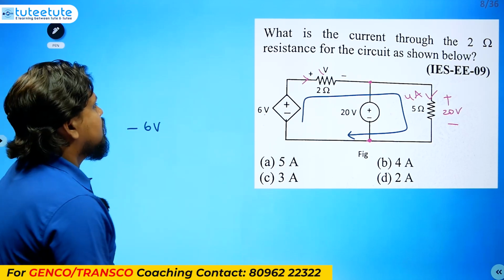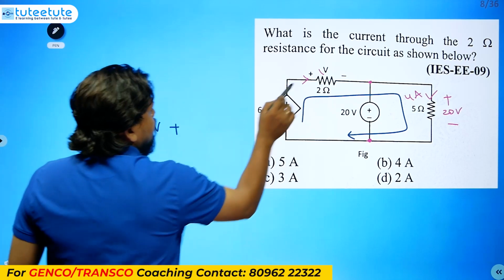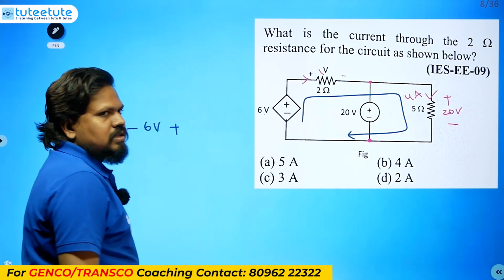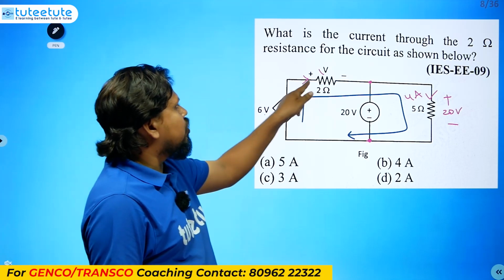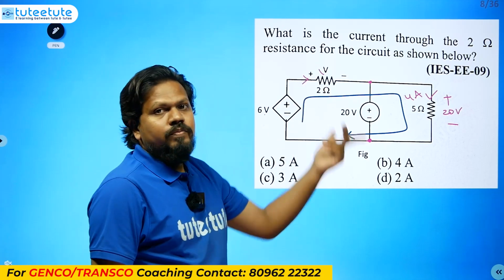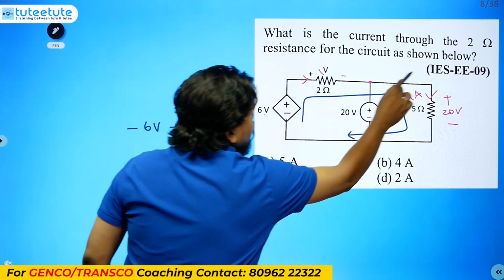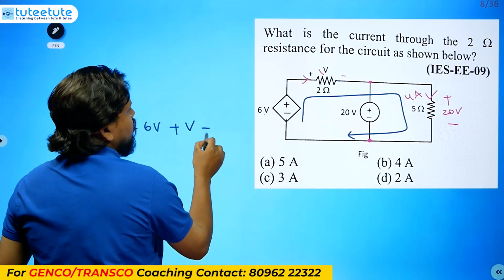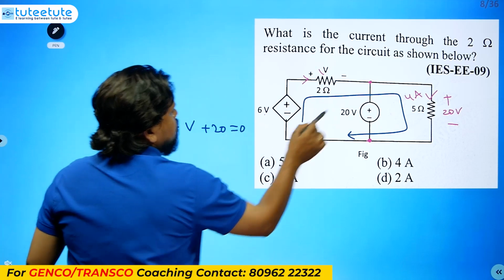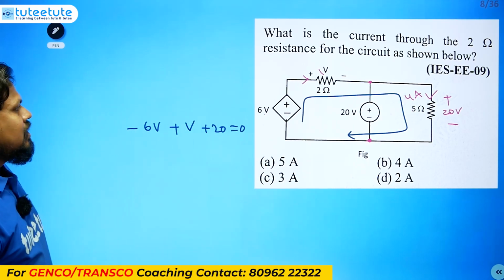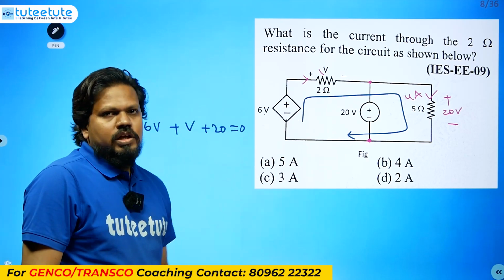Then plus, some current will be going like this, but we already know the voltage V here, and here the voltage is 20. So plus 20 is equal to 0. Why equal to 0? Because the loop is closing and there is no other element.